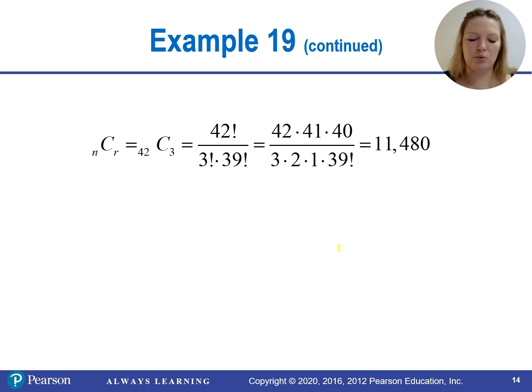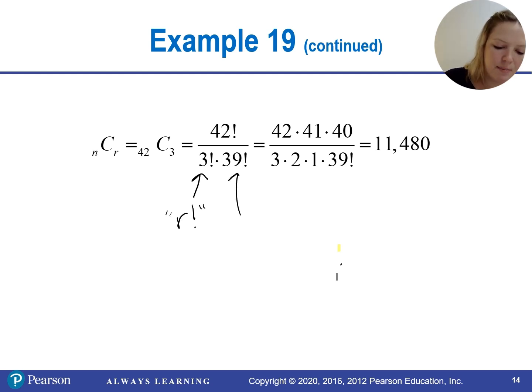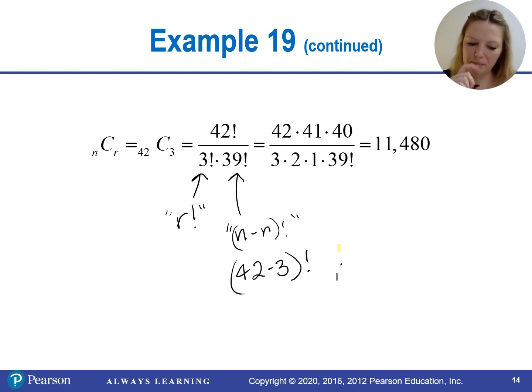We have 42 factorial divided by R factorial, which is 3 factorial, times N minus R factorial, which was 42 minus 3 factorial. Then we can simplify it out and calculate and see that there are 11,480 ways to choose 3 books from a list of 42.